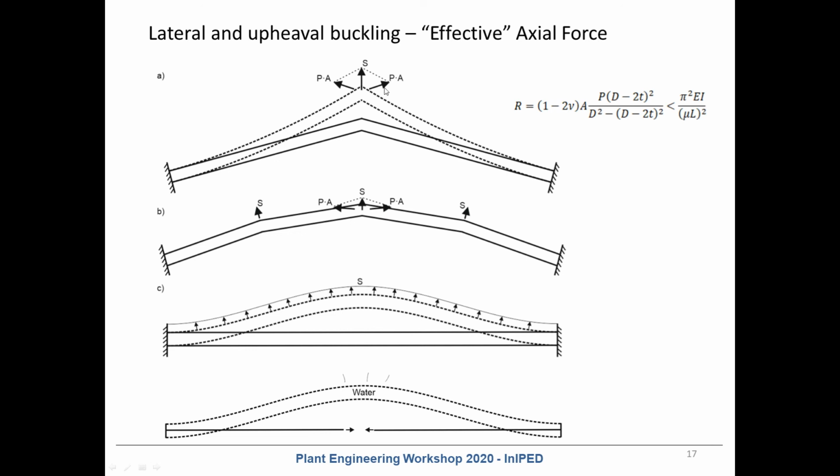So the sum of these forces will lead to a force in lateral direction that tends to buckle the pipe. Now let's imagine that we have more angles, more direction changes in this pipe, and now we have free lateral forces that tend to buckle the pipe, that tend to push it in lateral direction.